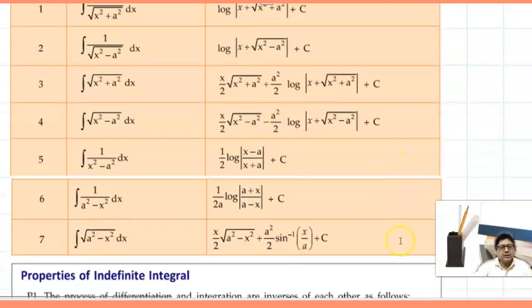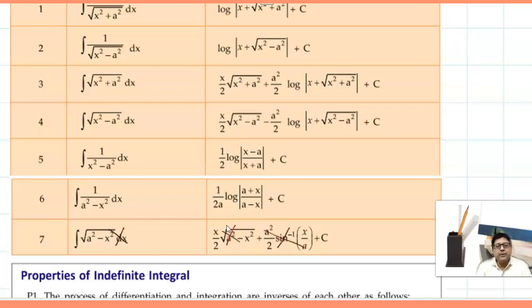And for the next one, 1 by a square minus x square, I have explained. If root over a square minus x square is there, this formula you don't need. Although it is mentioned in your NCERT book and support material, you don't need this formula.